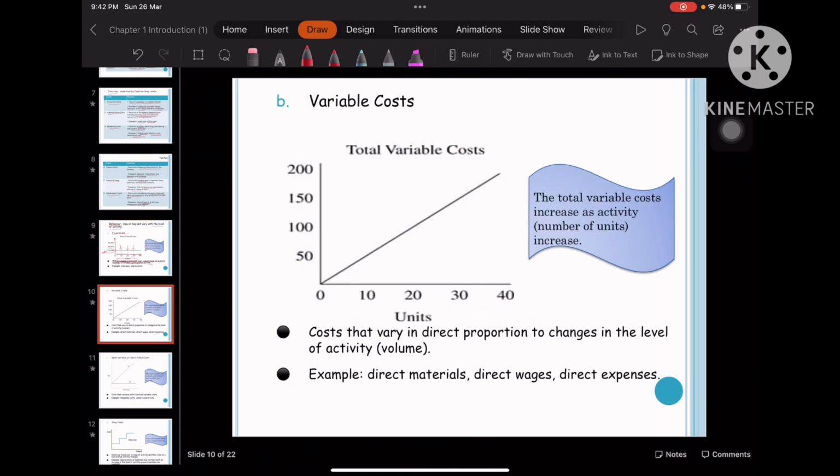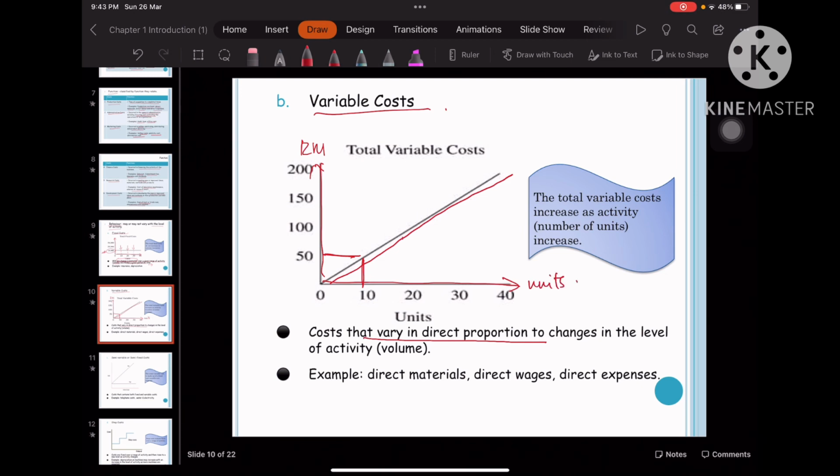All right, number two is variable cost. So what is the meaning of the variable cost? The cost will vary in direct proportion. So you can see here, this is the graph. If you produce 10 units, the cost will be 50 ringgit. This is the RM and this is the units.